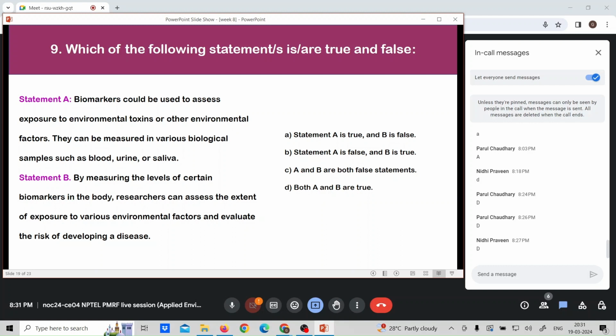So even that is possible. All these are estimated by knowing the biomolecules that are present in the system in the normal condition. If there is some variation, we can tell that this abnormality is going to lead to this particular result. So based on that, both A and B are true.